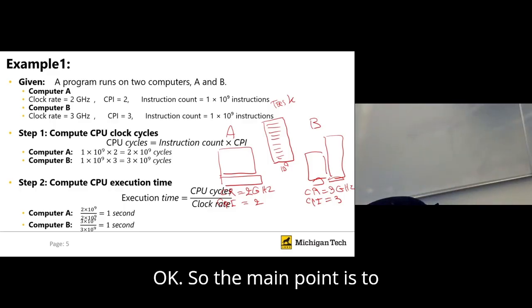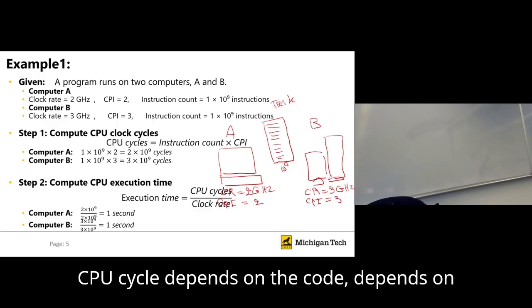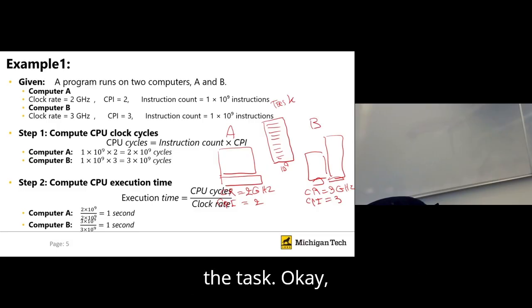Okay, so the main point is to find this execution time, which comes from CPU cycles over clock rate. Clock rate depends on the clock, and CPU cycles depend on the code, on the task. Okay, so you can find that.